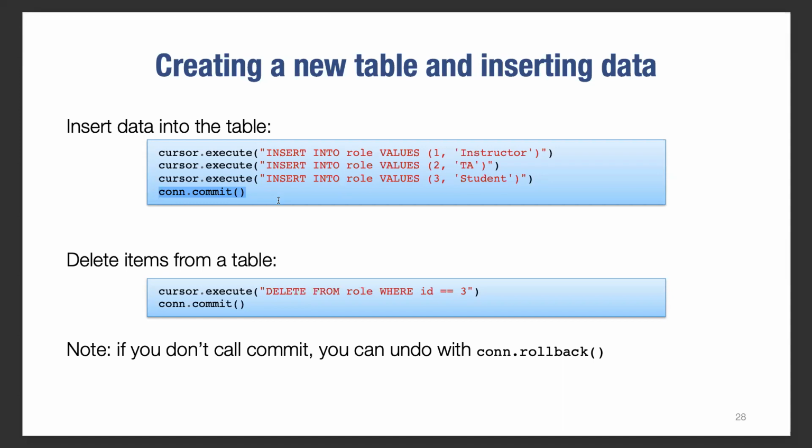You need to commit everything you've done on that connection so that your database is changed and in place. Otherwise, you're just going to be seeing views of what you have done. If you don't call commit, there's also a command known as rollback. Rollback is like revert. You use it to roll back to wherever it was before that commit. Very important, especially for those who will be working with databases directly.